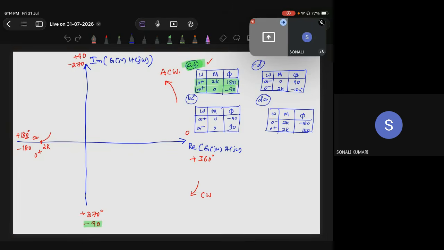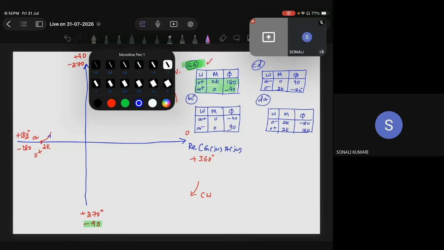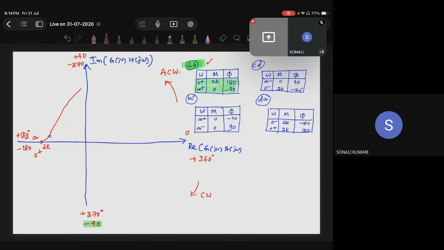Then I have to go to 90, 0, and at minus 90, I'm going like this, minus 90 to 0. So that will be my B in infinity plus. So this is the path. Is it clear? Next.